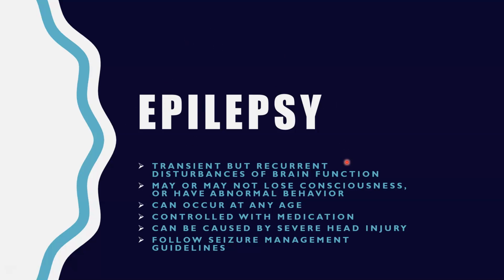The only difference is that if we know the individual has a history of epilepsy, then we don't necessarily need to transport or refer them right away if they have a seizure. But if they don't, we are going to transport them right away.